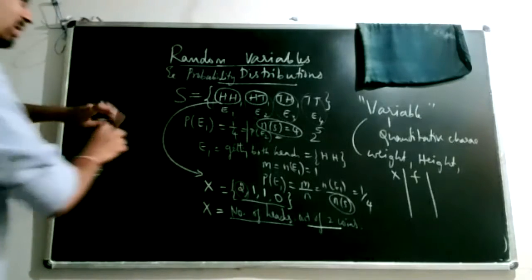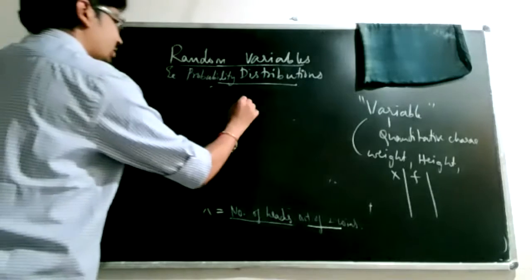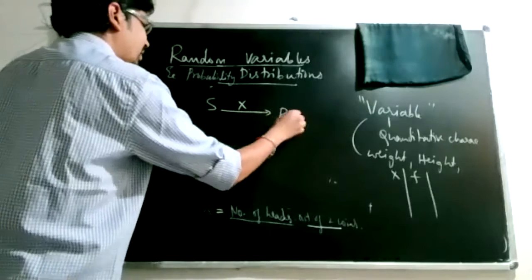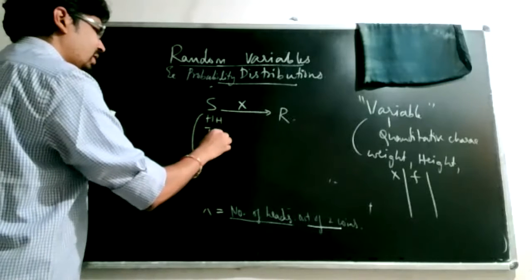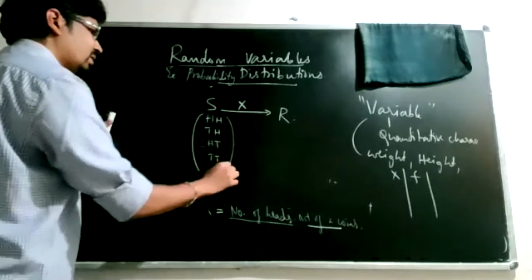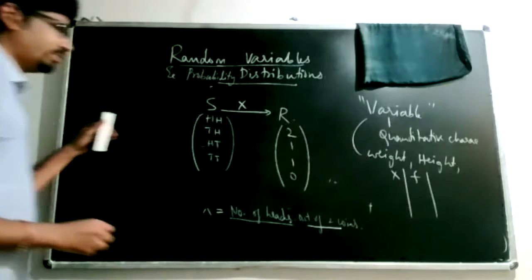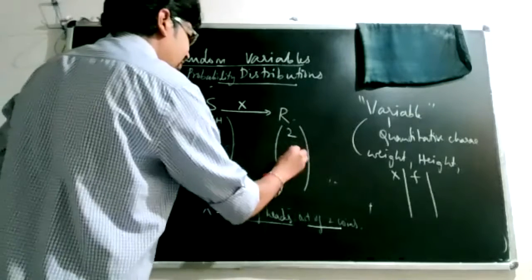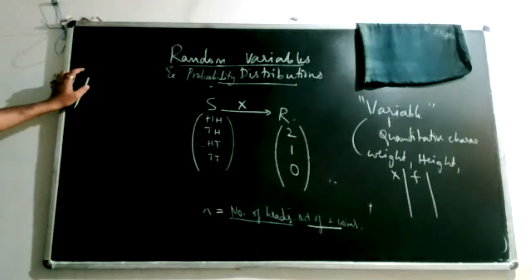Now let us put a condition on this. The function x is from sample space to real numbers. So if you have a set of elements in the sample space, we define the function such that two or more elements can be mapped into the same real number, but no two real numbers will be mapped into the same particular outcome.